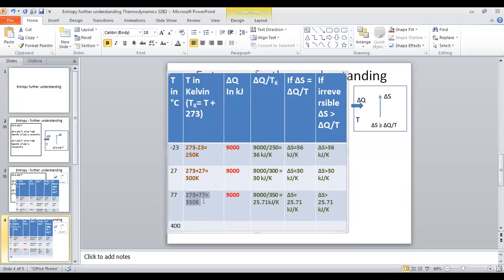Now what happens to T in Kelvin? 273 plus 400.